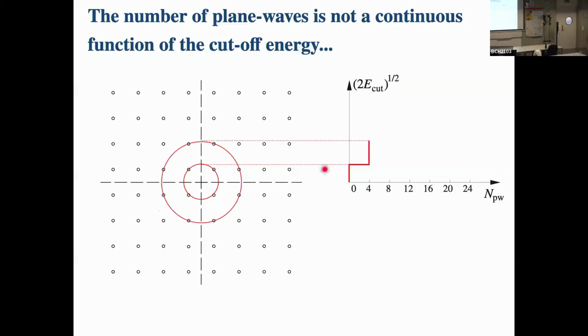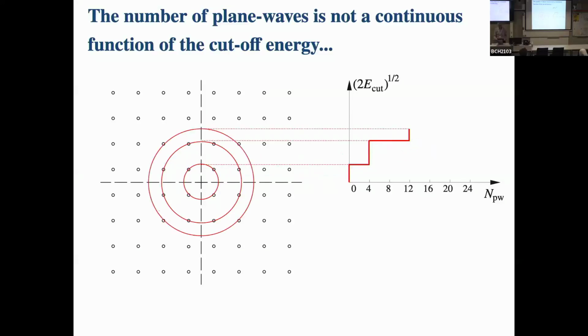So this number is static at 4 until I reach the second sphere here. When I reach the second sphere, I will have 8 more points, so I will be at 12. And I'm going to stay at that number until I reach another sphere, which includes 4, and so on and so forth. And so you see that the number of plane waves that are taken in the cutoff sphere is changing discontinuously.